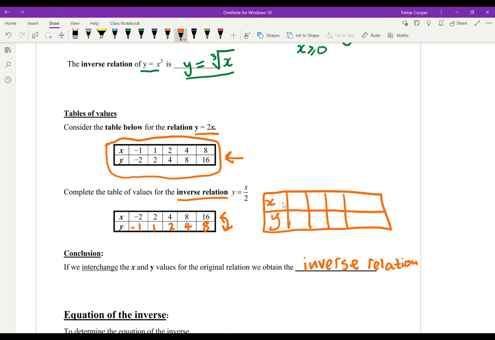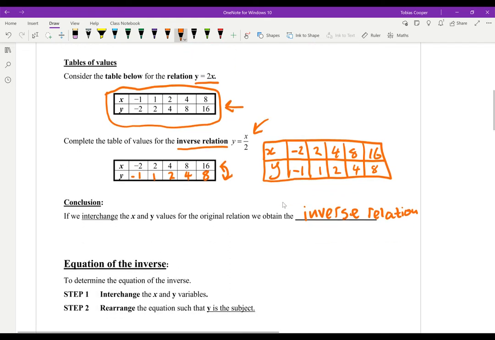So without even looking at the equation of the inverse, you can say, well, look, I know the x values and y values will be swapped over, so I'm just going to put negative 1, 1, 2, 4, and 8 there. And over here, now the y values become the x values for the inverse relation. So negative 2, 2, 4, 8, 16.